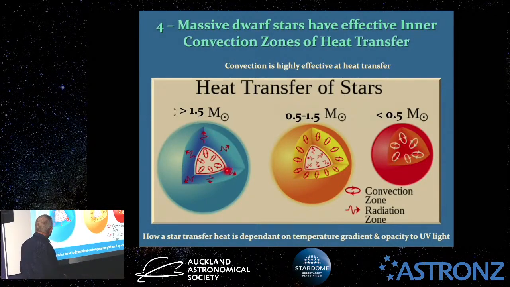So in these massive stars, you've got this huge energy output coming from the CNO cycle, whereby you've got a massive temperature gradient going on just outside the core. So that favours convection. It gets to a point where the temperature gradient drops off and you no longer get convection, but meanwhile, the temperatures in the outer regions of the star are still hot enough for the hydrogen to be ionized, which allows the photons, and particularly ultraviolet photons, just to zip right through.